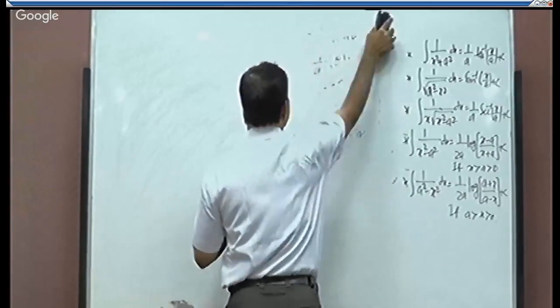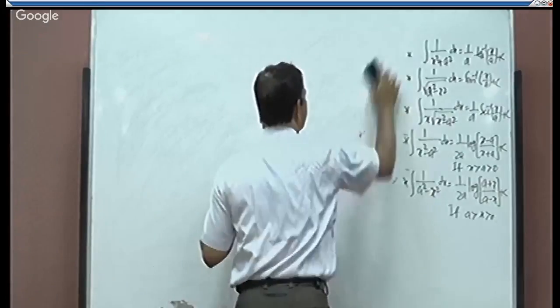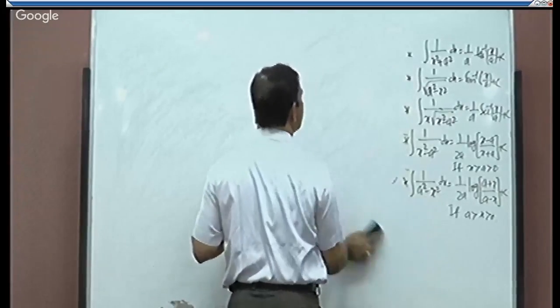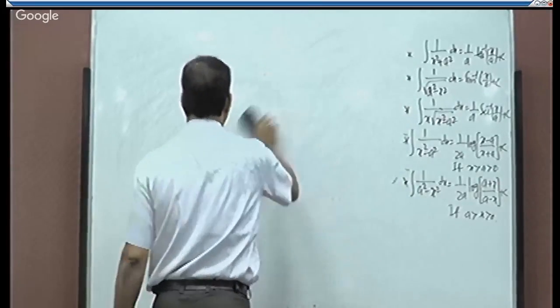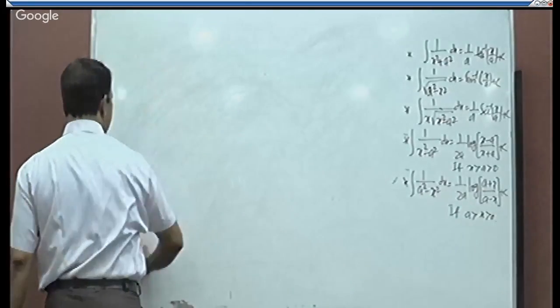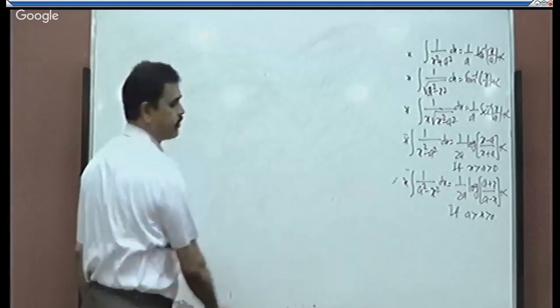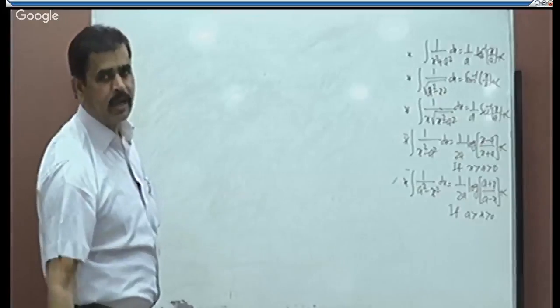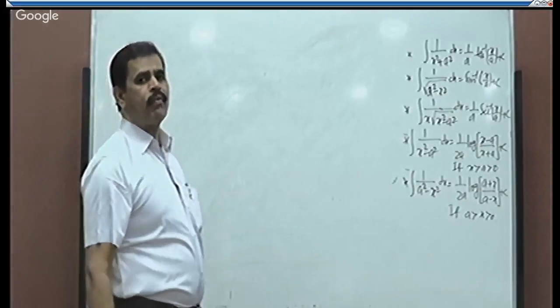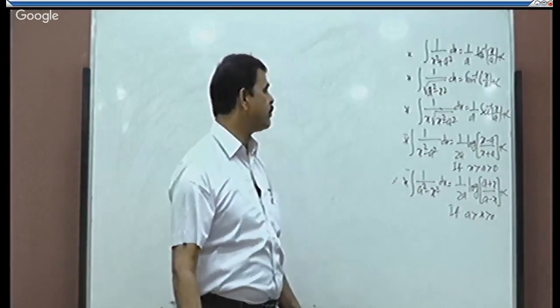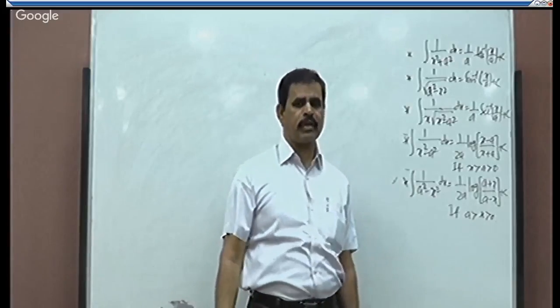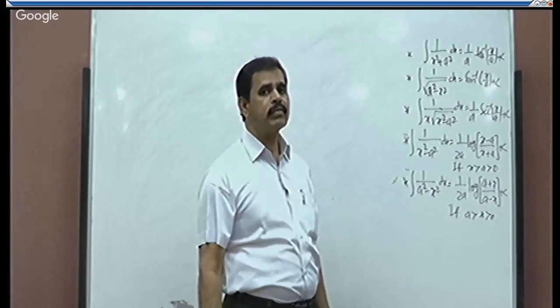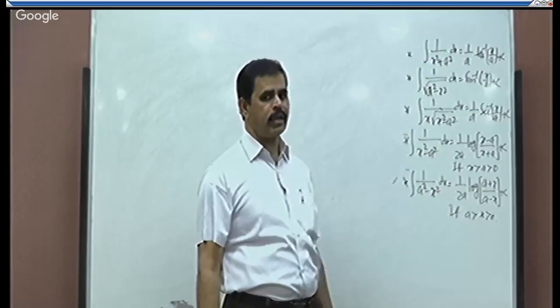Just recall the formulas. Integration of 1 by x square plus a square into dx is equal to 1 by a into tan inverse of x by a plus c. Second one, integration of 1 by root of a square minus x square dx is equal to sine inverse of x by a plus c.